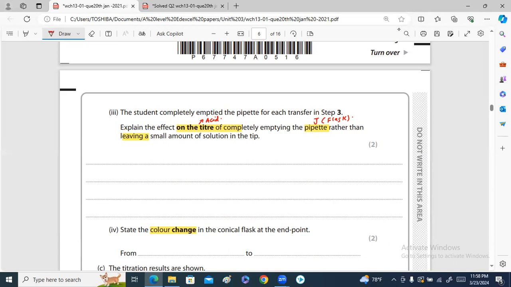So this was taken in the flask and the titre is in the acid. Explain the effect on the titre of completely emptying the pipette rather than leaving a small amount of the solution in the tip. Now what will happen?